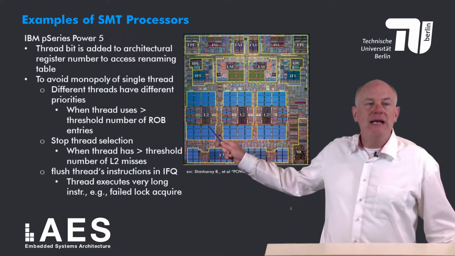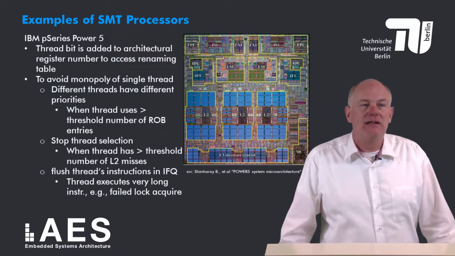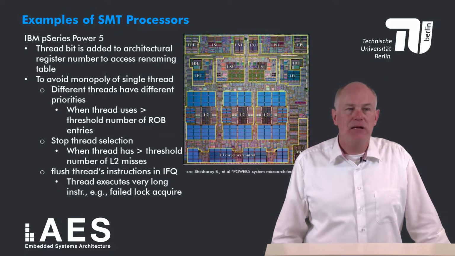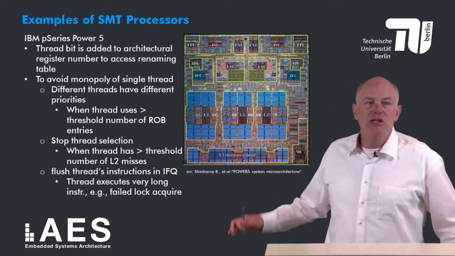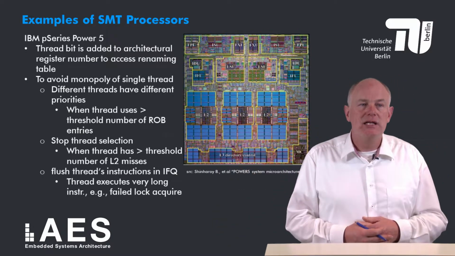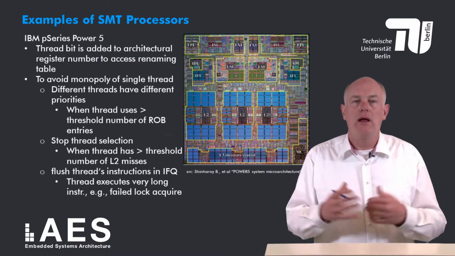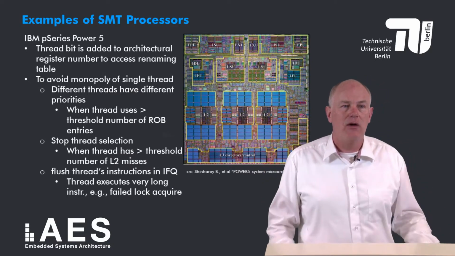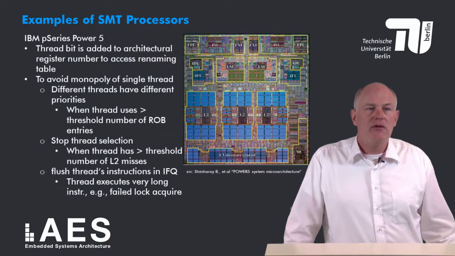Furthermore, a thread bit is added to the architectural register number to access the renaming table. In this way, the renaming table is shared between the two threads, and to avoid that a single thread monopolizes all the resources so that the other thread is live locked, different threads have different priorities.